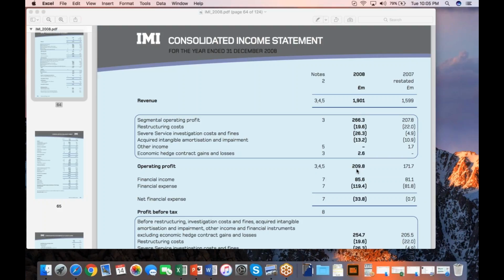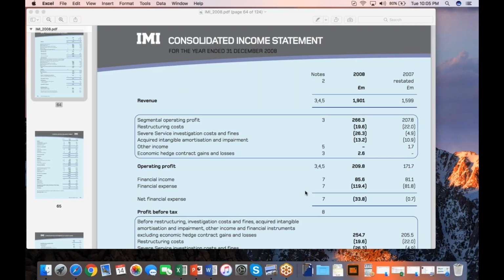Imagine if we were doing the IMI case, which operating profit figure should we use excluding the exceptional items? We have to go to the notes, I believe, and I can't remember, it's 4 or 5, where we actually need to use the gross profit for that.